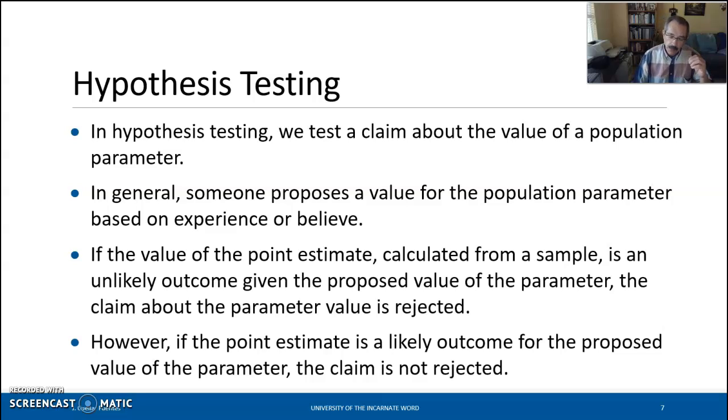Then we use that point estimate to determine if that is a likely outcome given the assumed value, or the value that is claimed to be the truth. If it is not a very likely outcome, then we will say that the claim is rejected. On the other hand, if that point estimate appears to be a likely value for the proposed value of the parameter, then we will not reject the claim.